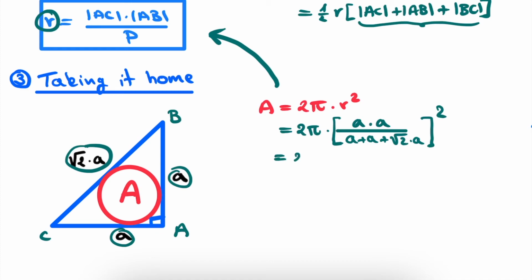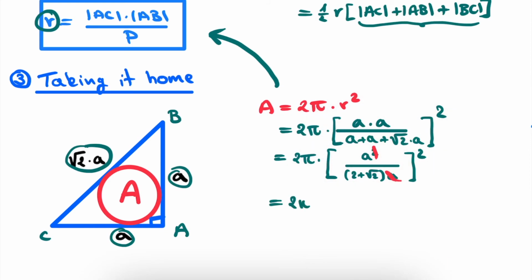This can be rewritten as 2 pi multiplied by the following. So we have A squared divided by 2 plus square root of 2 times A, simply factoring out this 1 and the square root of 2. And of course, we do not forget our square. We can cancel out 1 power of A and we can compute this square.